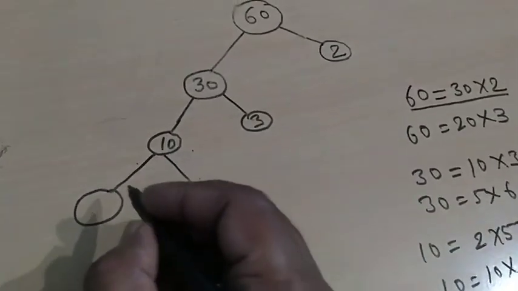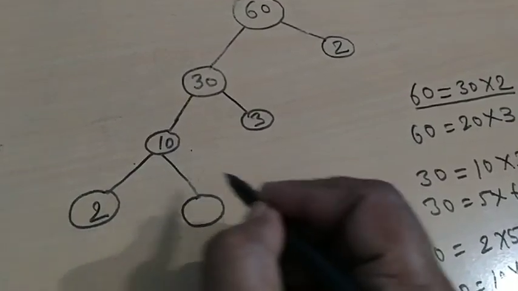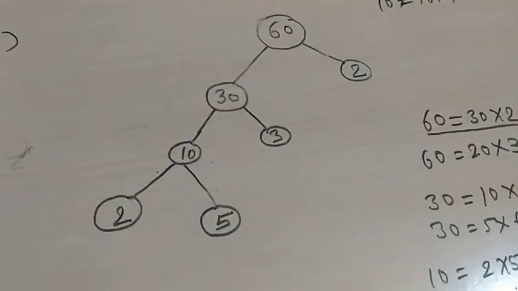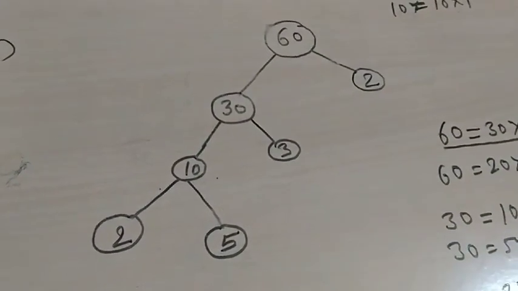So here put 2 and 5. Clear? This is a factor tree.